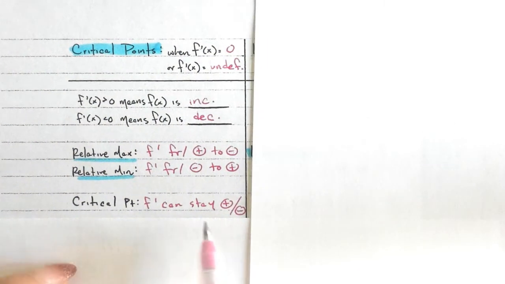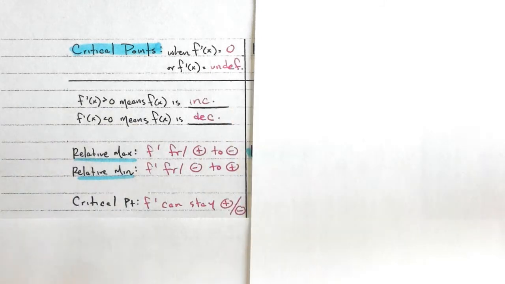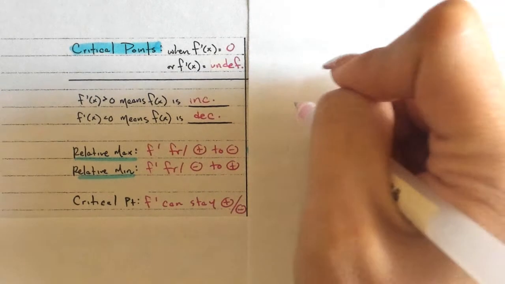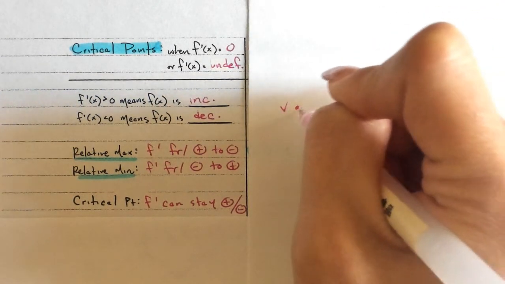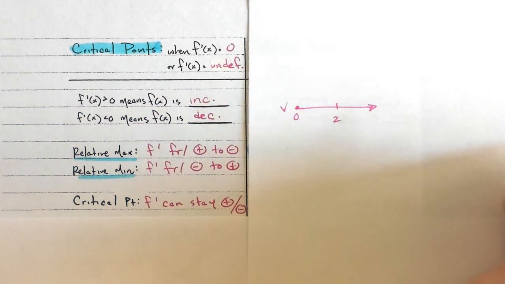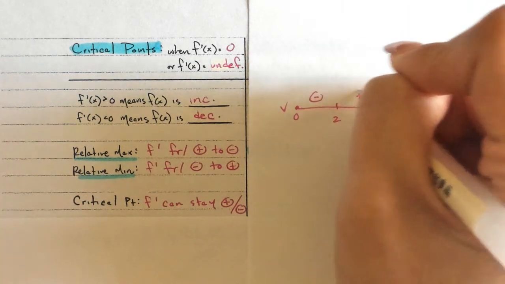F prime can stay positive or f prime can stay negative. Let's pretend, I'm going to draw this for you. Remember your velocity? You start at 0 and you go to the right, and let's say this is a 2. Let's say on the left side is a negative, on the right side is a positive.